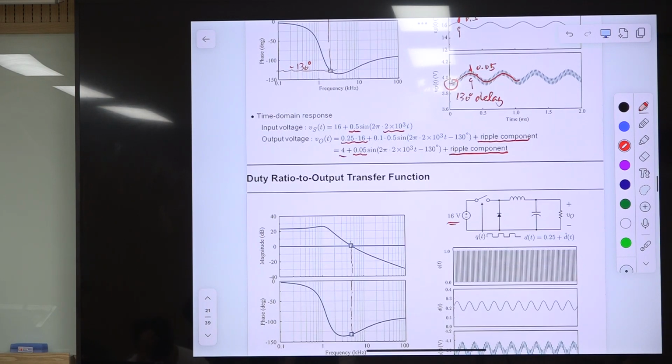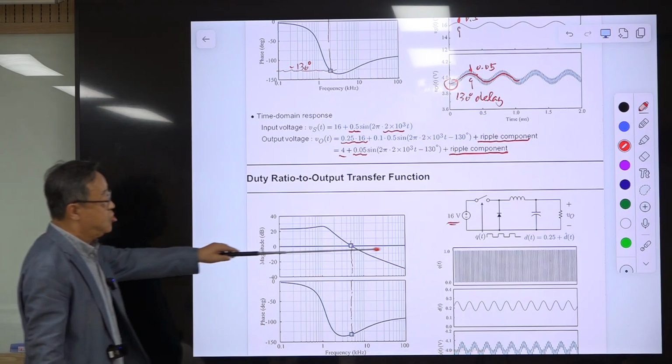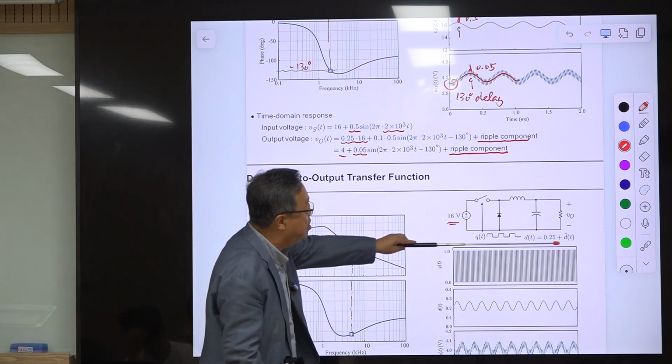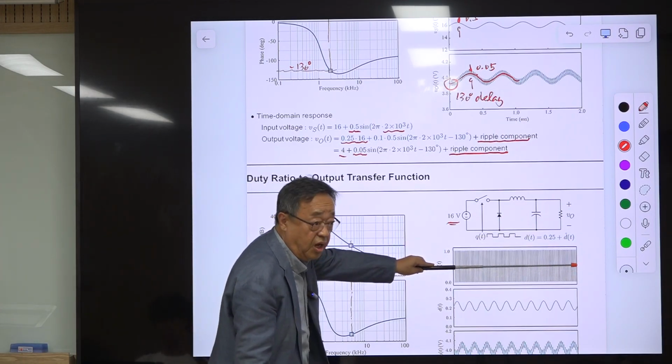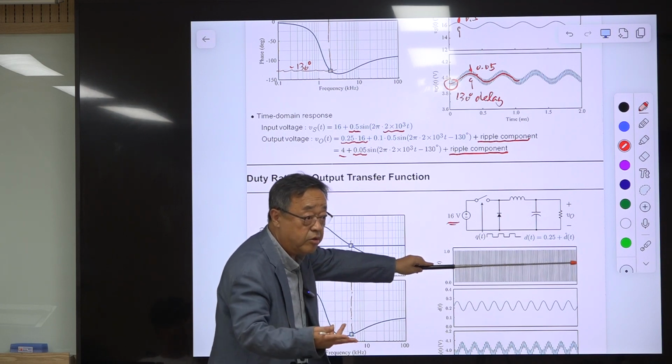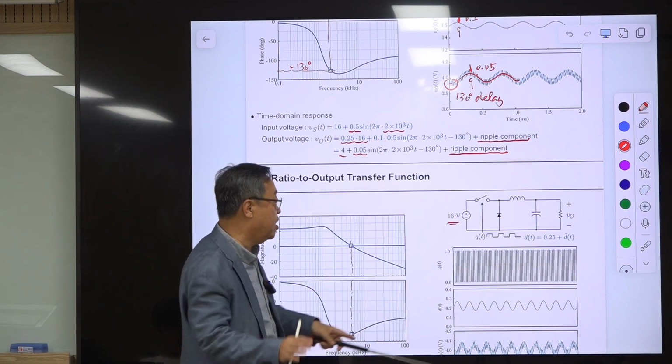So now this voltage is fixed and the duty ratio is changed. Okay, this is the duty ratio changed. The only way of achieving this is you modulate the switch drive signal with some software, okay, with some simple calculator.